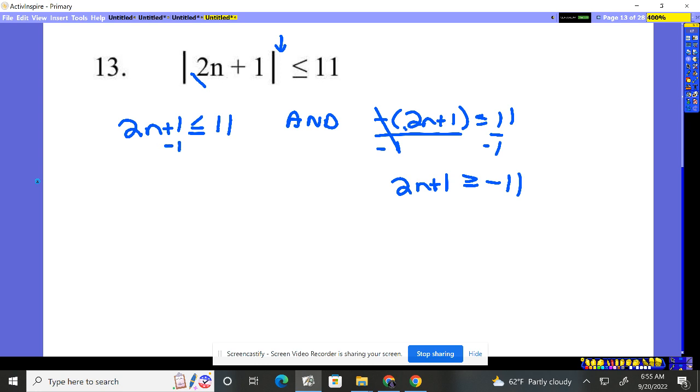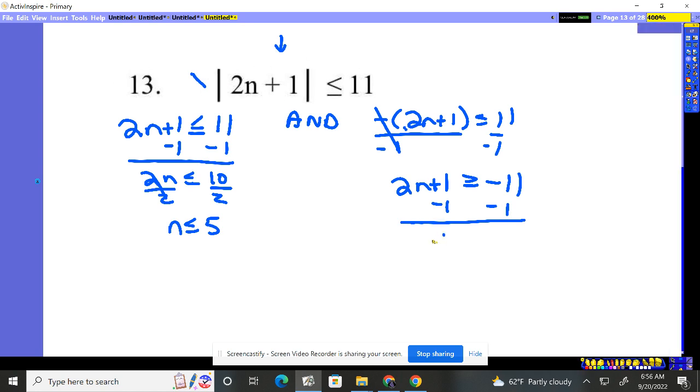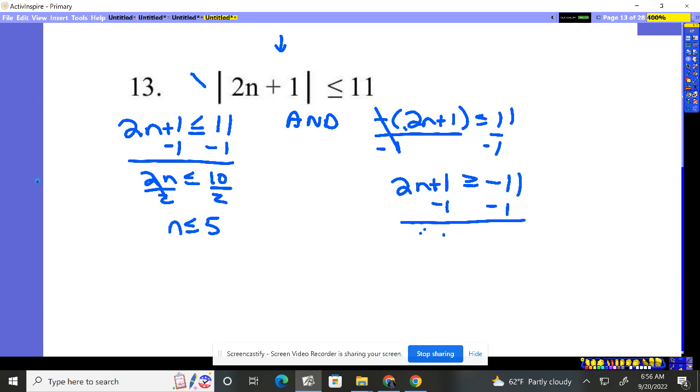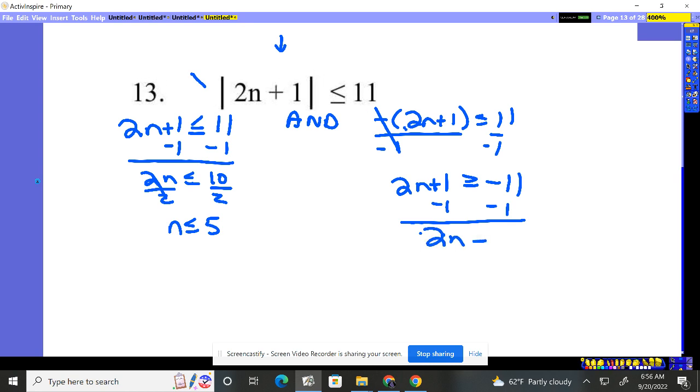So let's just solve both and we'll be done. -1 minus 1, 2n less than or equal to 10. Divide by 2, divide by 2. N is less than or equal to 5 is one possibility of our solutions. -1 minus 1, 2n, we end up with 2n greater than or equal to -12.